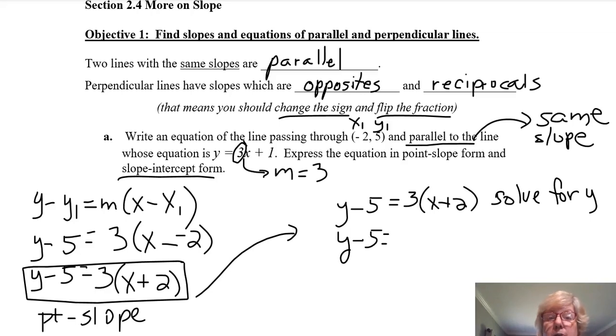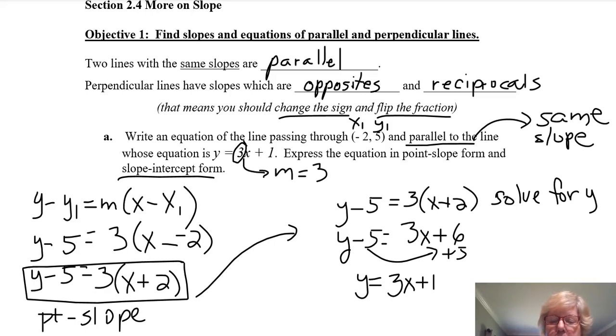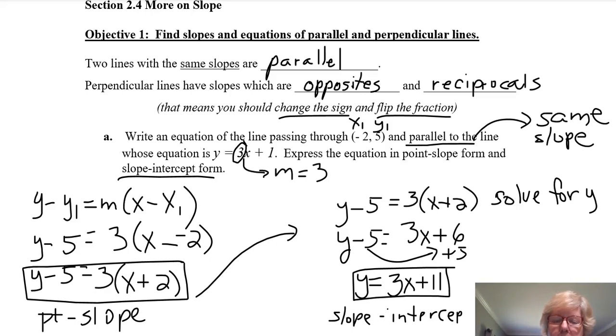I use a distributive property to get 3x plus 6. Move that 5 over and it becomes a positive. So I have 3x plus 11. That would be my answer in slope-intercept form. And that's how to use same slope with parallel.